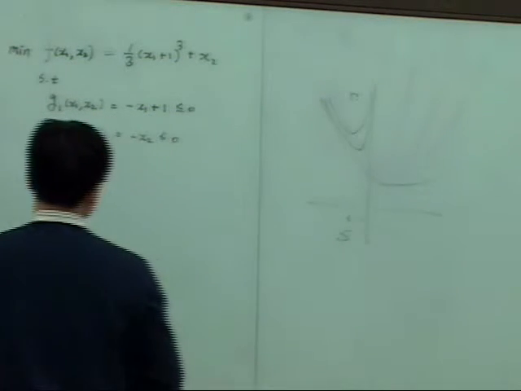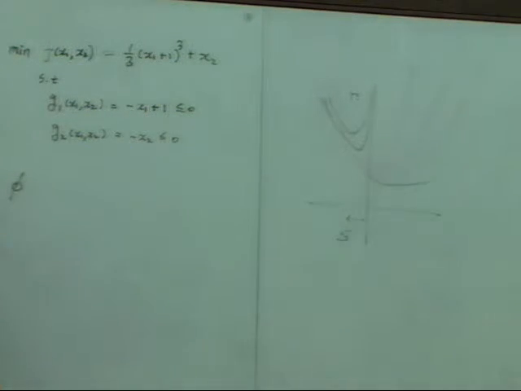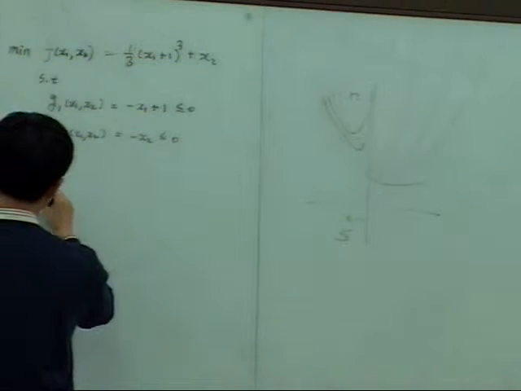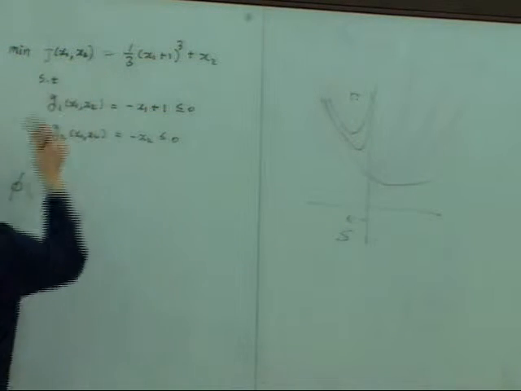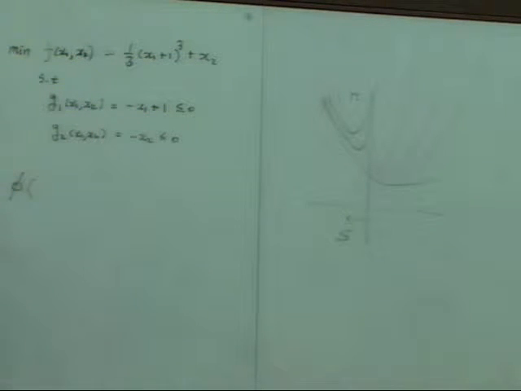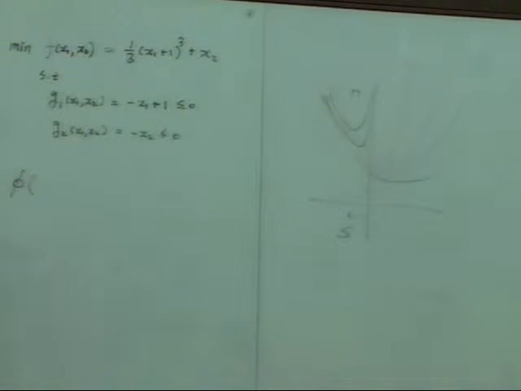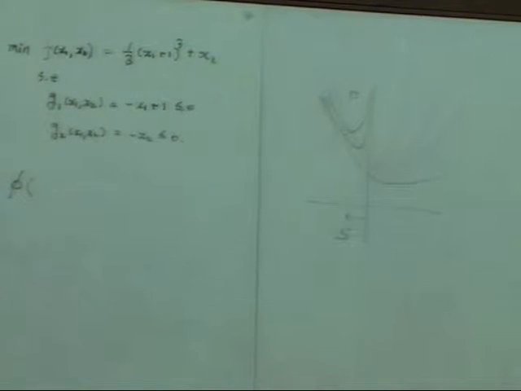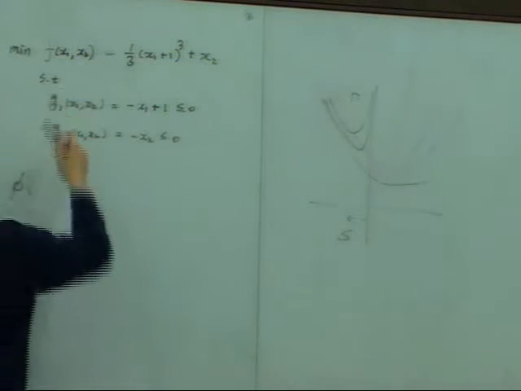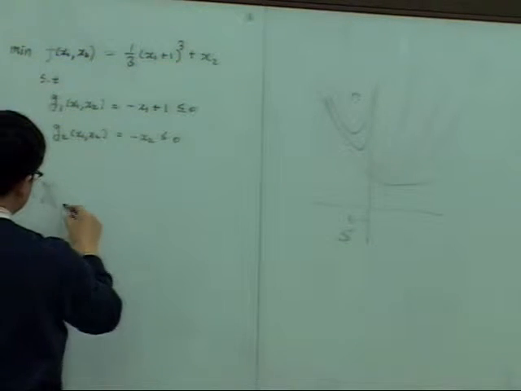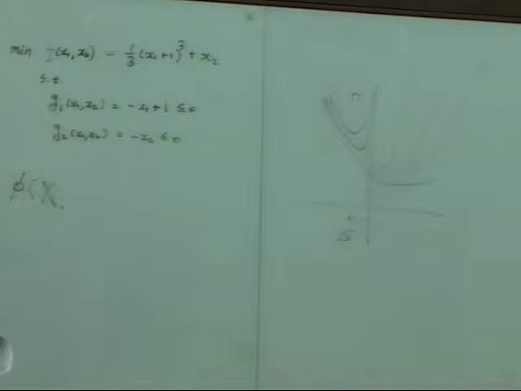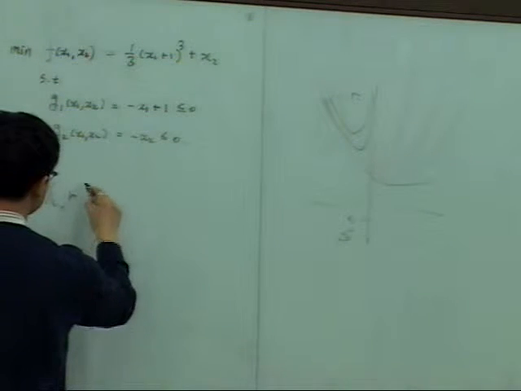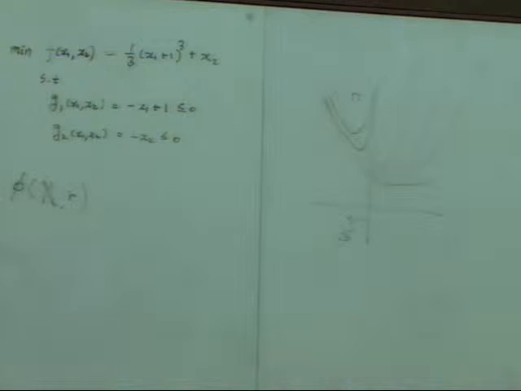So, let's say this phi is the new modified objective function. And this large X is this point. It's a function of the points and, at the same time, a function of some penalty parameter.